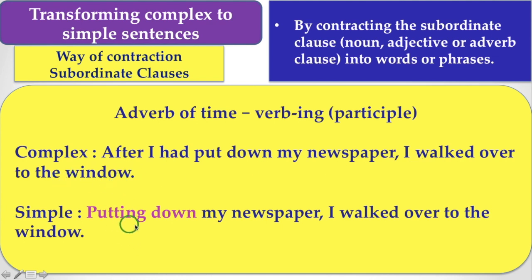Here you use: Putting down my newspaper, I walked over to the window. Here, after I had put down, this put down becomes putting down. This is a participle or verbal ing. You have to use the verb ing form, that is, the present participle, here to make it a simple sentence.